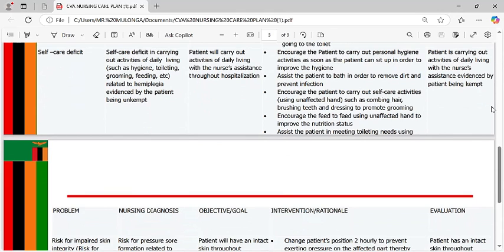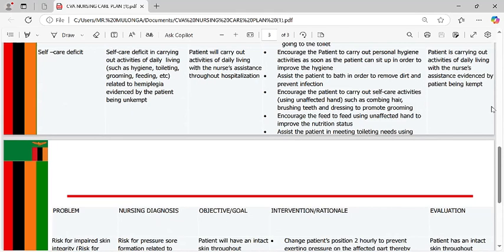Then we also have another one, which is I will assist the patient in meeting toileting needs using a bedpan. I will assist the patient with a bedpan when they want to open bowels.